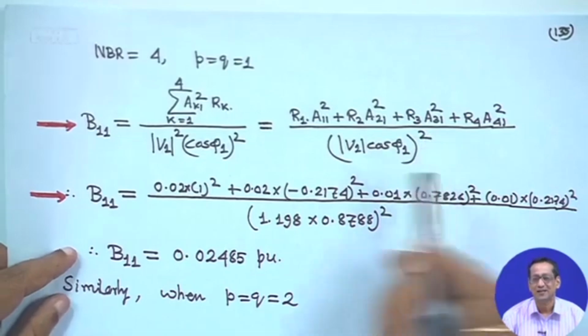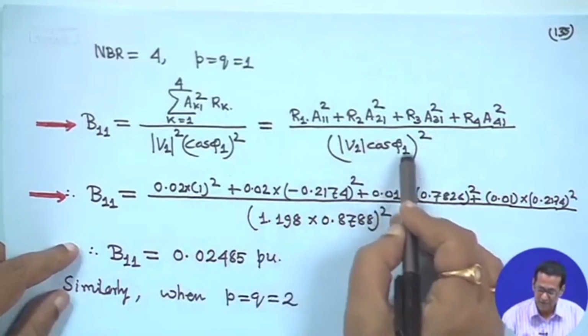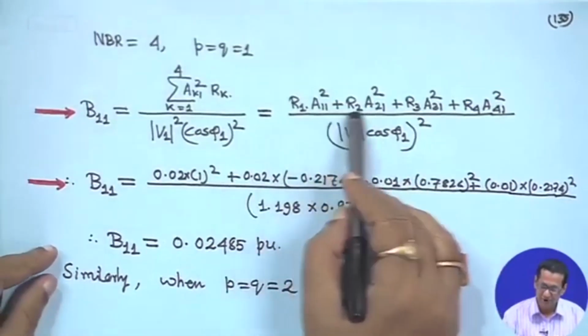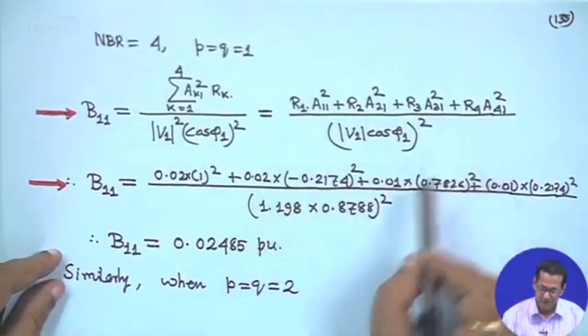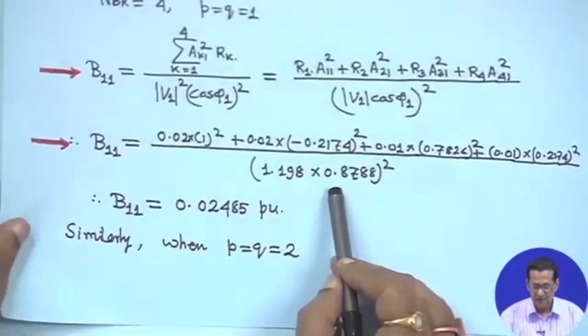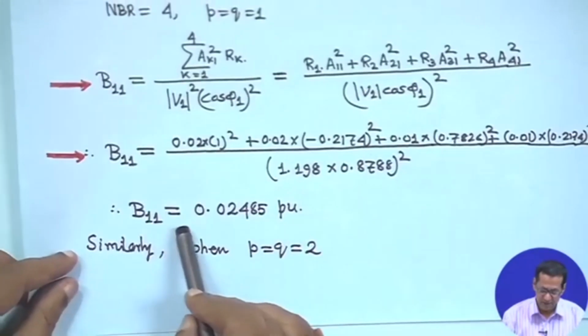So real part is R, divided by V1 cos phi 1 whole square. Put all these values, because now all the A coefficients are known, R1 is known, cos phi 1 is known, V1 is known, everything is known, just substitute.